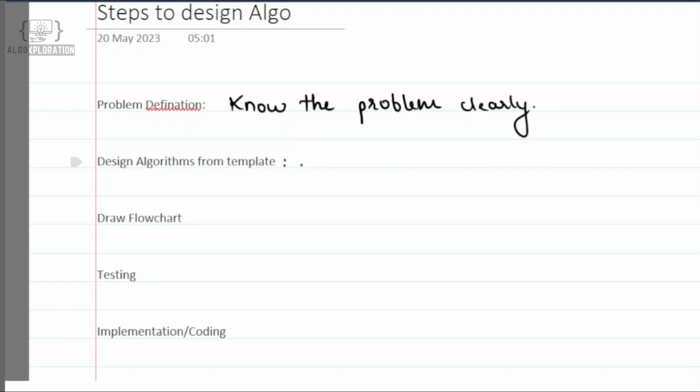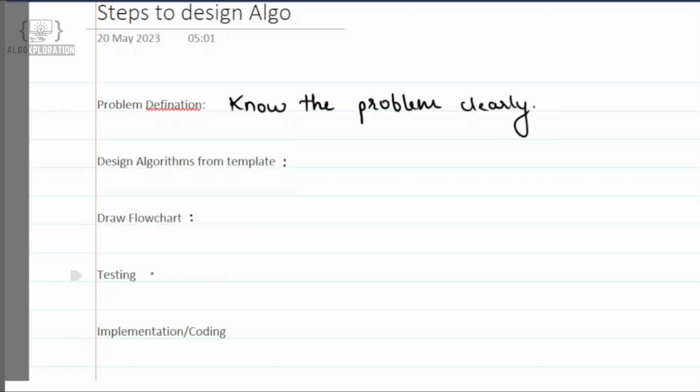We will take the help of binary search, which is stored in header files. The third point is to draw the flowchart. After reading the problem, when we get the idea of how to solve it, we have to draw the flowchart to know whether that approach is right or wrong.